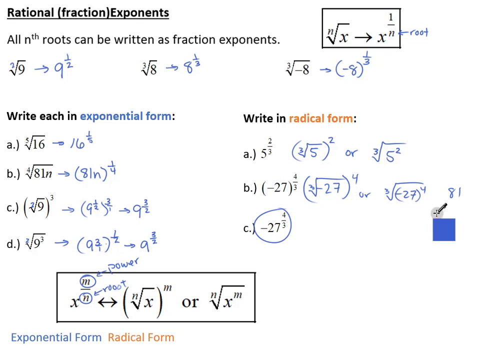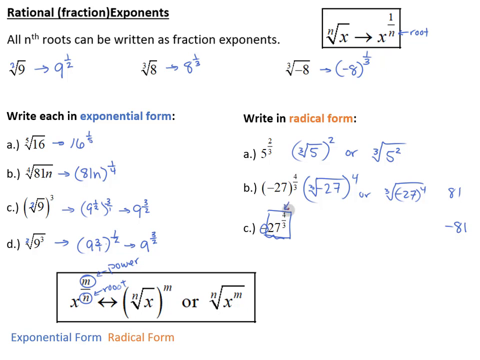If you plug this into a calculator, you're going to get back negative 81. These are different. Reason being, your calculator would read this as the number negative 27 to the 4/3, where it reads this as the opposite of 27 to the 4/3.